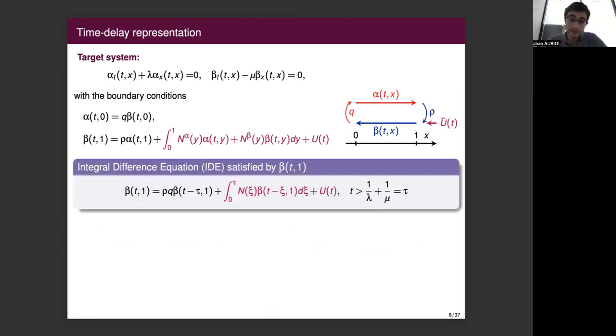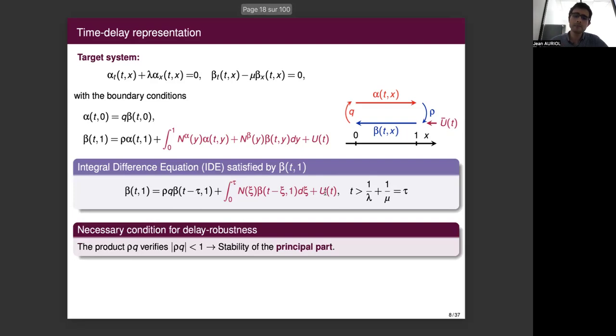And you get the following integral difference equation: beta(t,1), when t is greater than the total transport time, verifies a difference equation. So you have beta(t,1) that depends on a pointwise delayed value of itself, but with an integral term, so distributed values of beta(t,1), which gives you an integral difference equation where you have the control law.